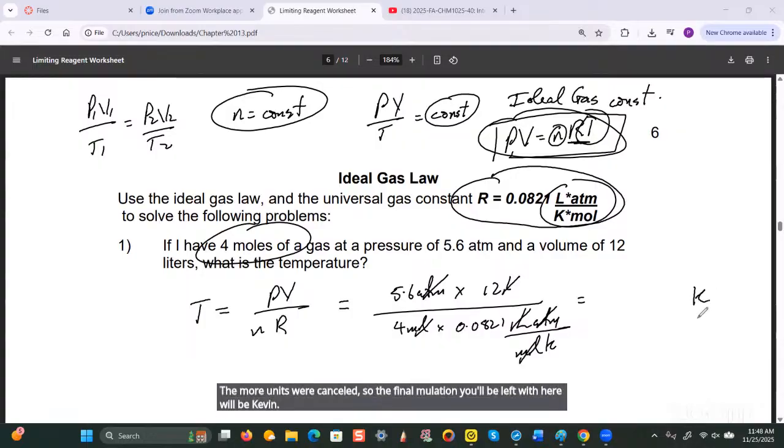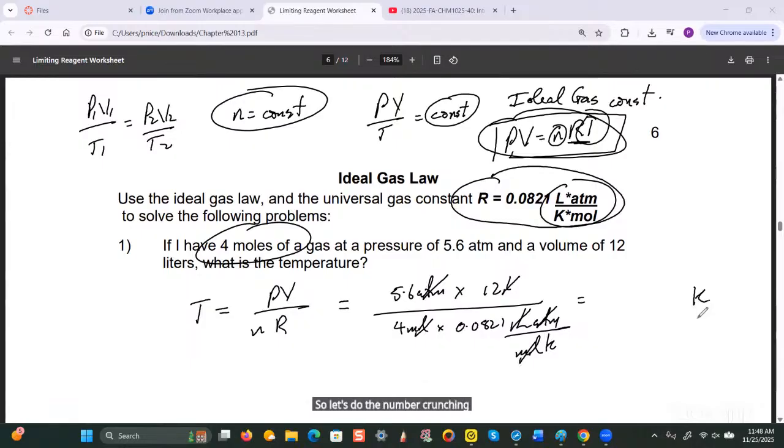So let's do the number crunching. 5.6 times 12 divided by 4 times 0.0821. So according to my calculation, in this case, I would have to round off my answer to 1 sig fig, and that's because of the 4 right here. So when I round off to 1 sig fig, the answer becomes 200 Kelvin. And that would be the answer to this question.